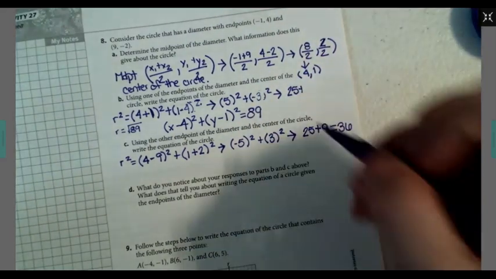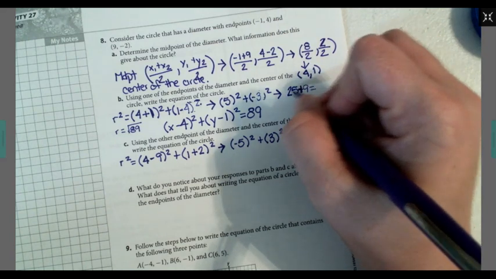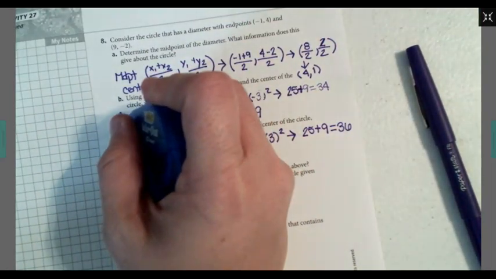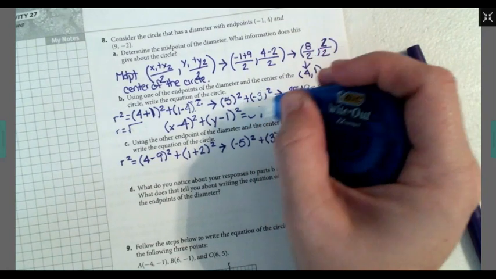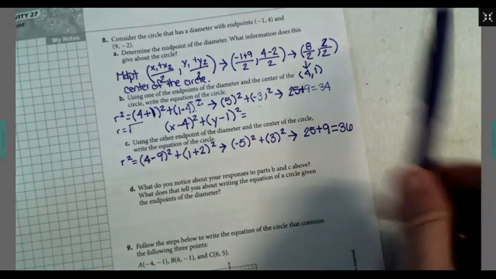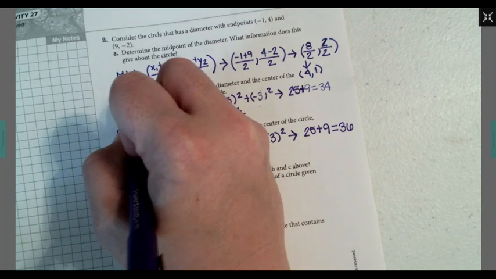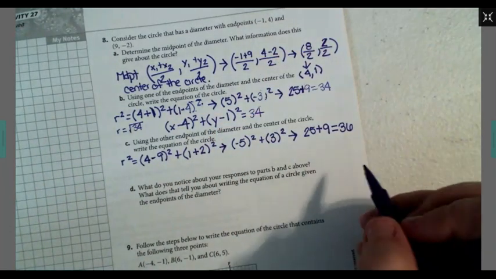Sorry. 25 plus 9 equals 34. So this would have been the square root of 34. And here, this wouldn't have been 89. This would have been 34. Well, let's see what we got this time.